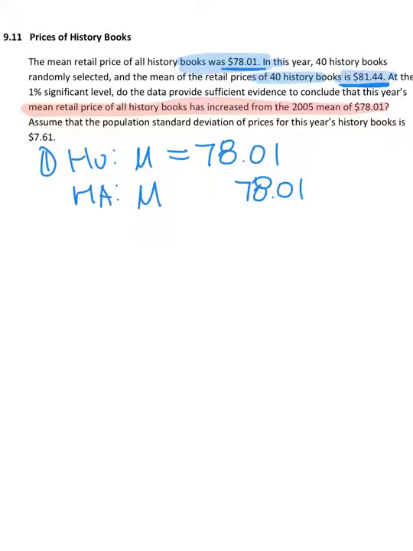Which one? It's going to be greater than 78.01. Why greater than? What is the key? Increase. Yes, thank you. Greater than. Where do you expect the p-value, from the left tail or right tail? From the right tail. Thank you.